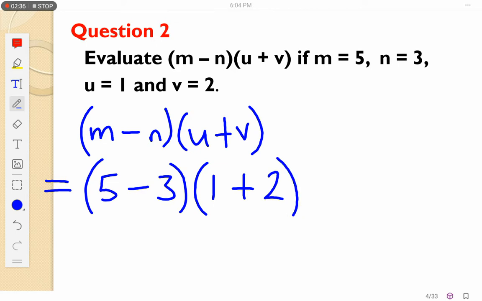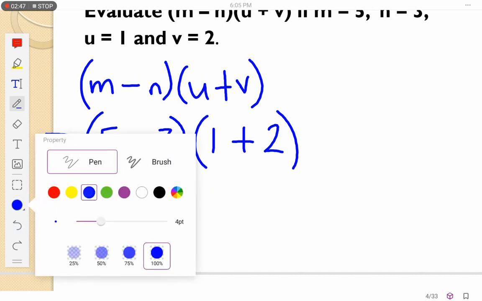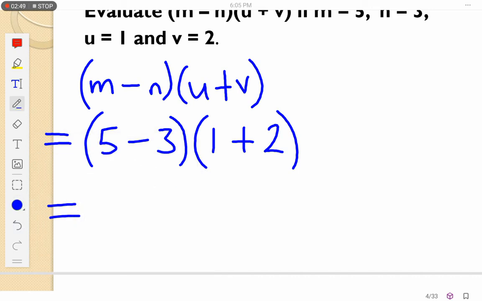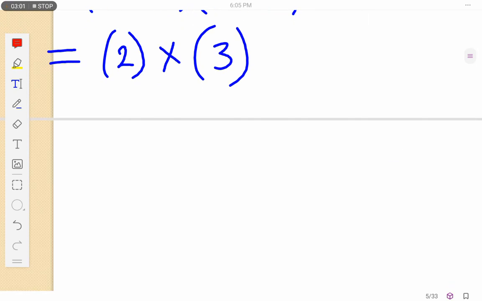Before we multiply, we solve what is inside the brackets first. 5 minus 3, I'll get a 2. Then 1 plus 2, I'll get a 3. So 2 times 3, I will get a 6. That's the value that we are looking for.